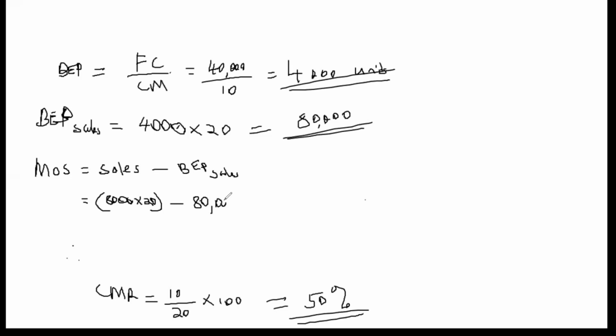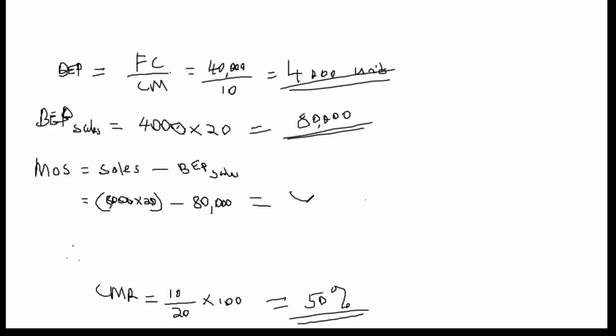80,000 is our break-even point in sales. So this is 160,000, right? Minus 80 gives us 80.